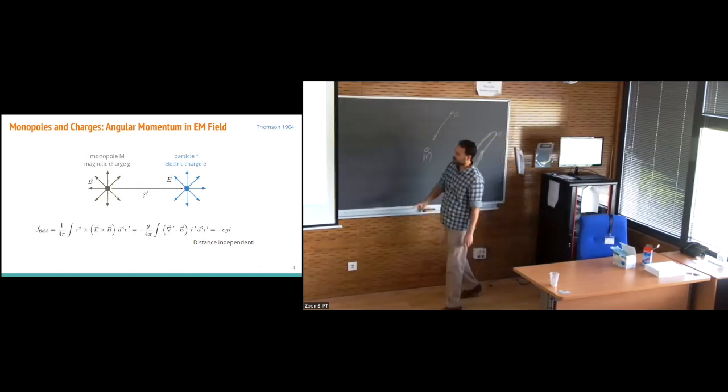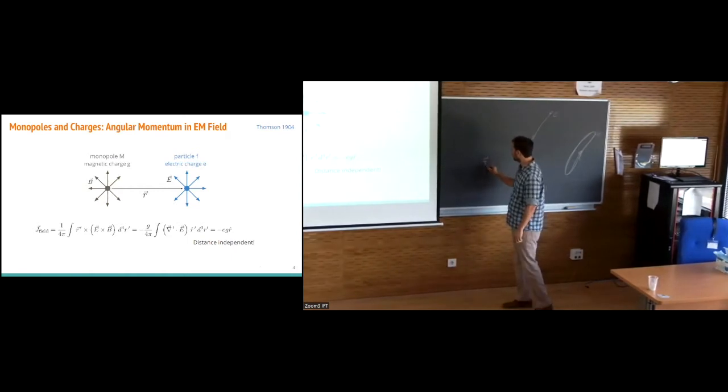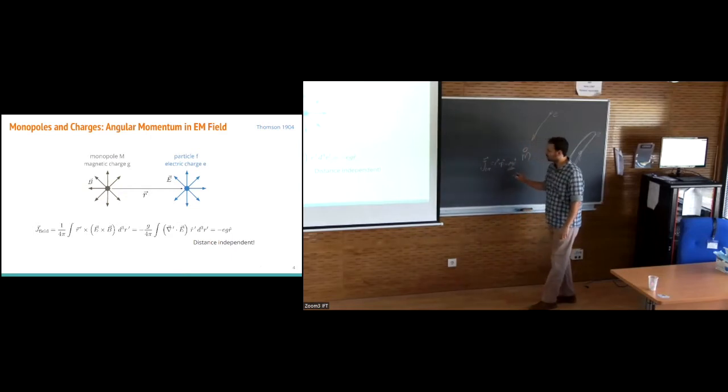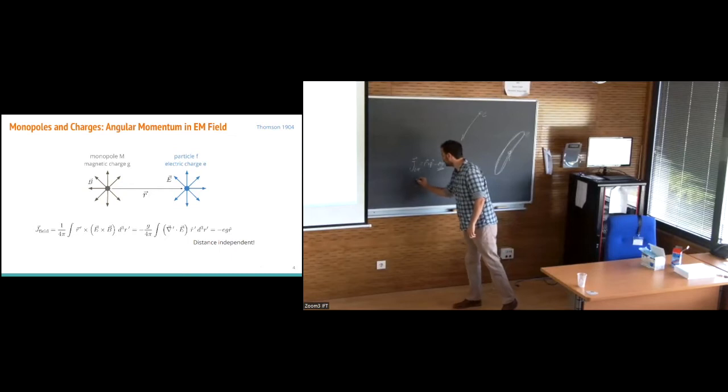On the other hand, because of this extra angular momentum, I can write that the J total of the problem is R cross T minus EG times R hat. This is the extra angular momentum in the problem. And when I dot this with R hat, I find that this is minus EG.